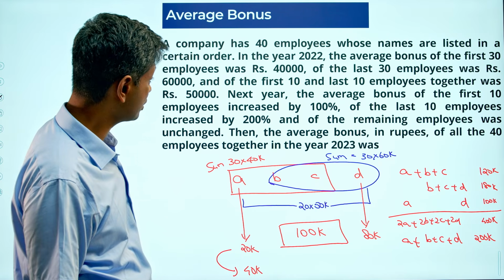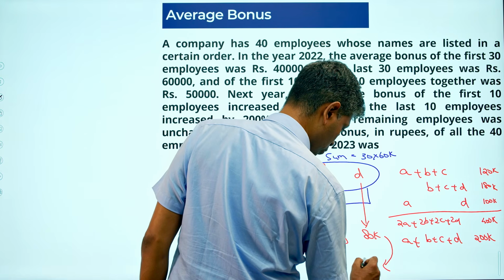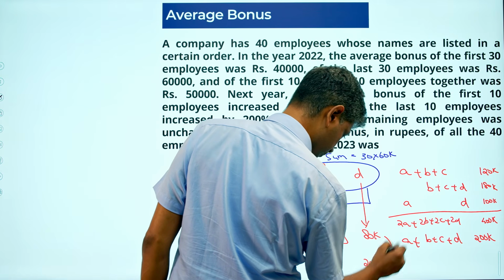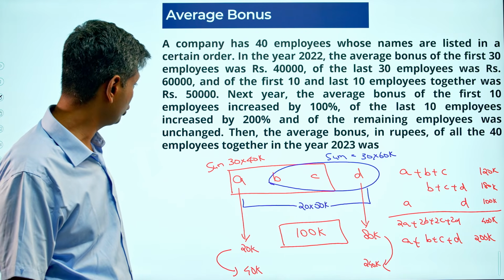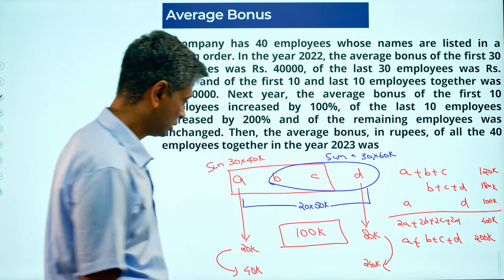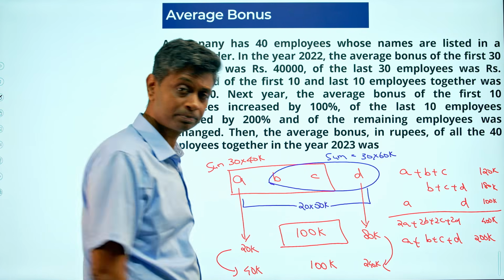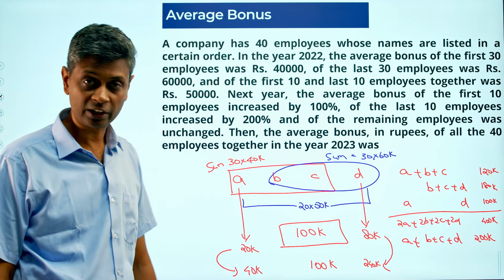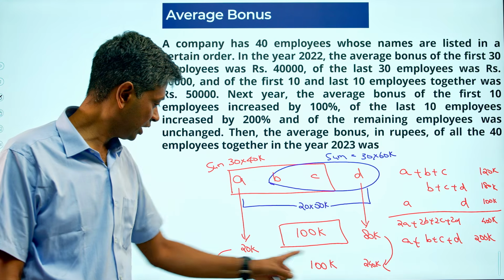Average of the last 10 employees increased by 20%. Or this goes to 240K. And the remaining employees was unchanged. So this 100K. What put together? 50K plus 50K, 100K totally. And so the sum is 100K, this is 240K, this is 40K.